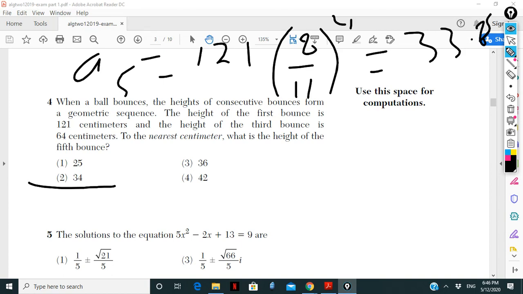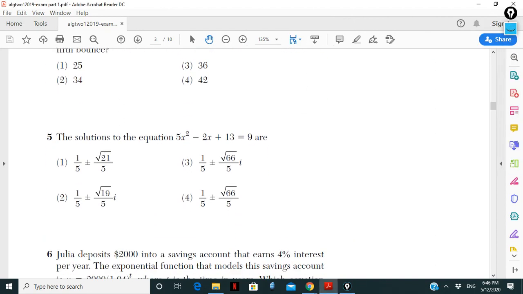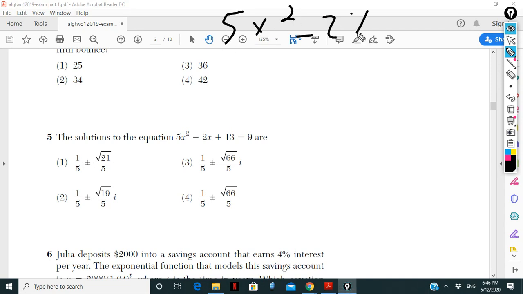Question number 5. The solution for the equation 5x squared minus 2x plus 13 equals 9. The first step, I'm going to subtract 9, so I have 5x squared minus 2x plus 4 equals 0.